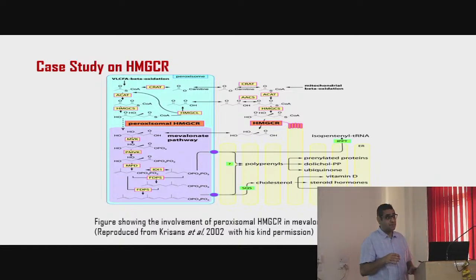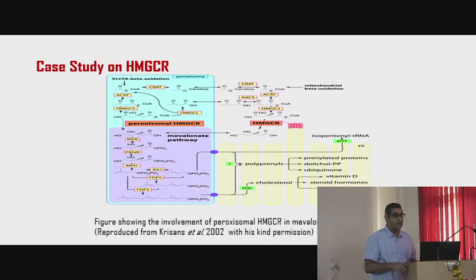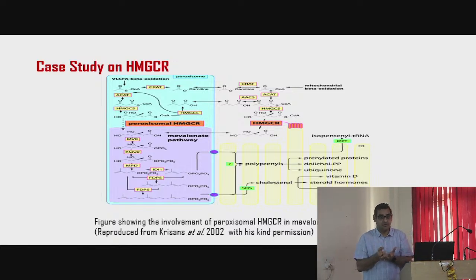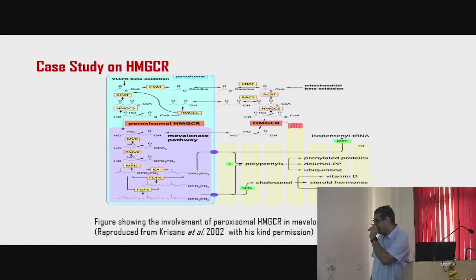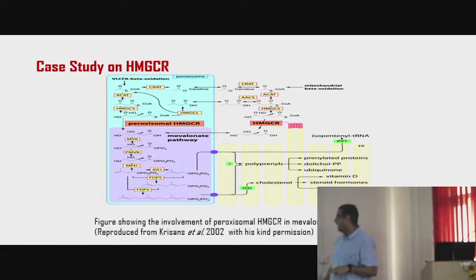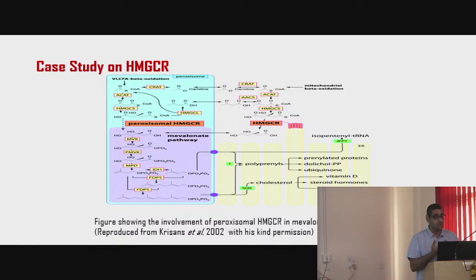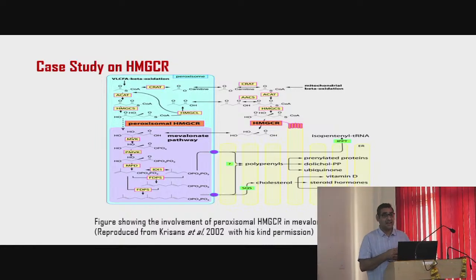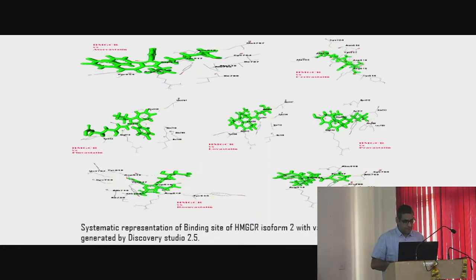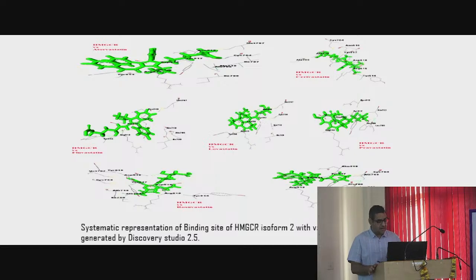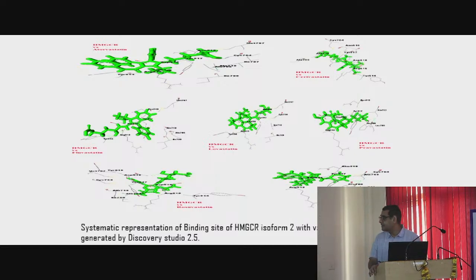But the mechanism of action, how statin therapy is happening and how a better statin can be proposed based on the understanding, we started working on this, and it is all in silico work, okay. If you see, this is HMG-CR, and how this enzyme is active, and why statin therapy should be improved, because people are trying various types of statins every day. We did the binding of HMG-CR isoform 2 with various statins through Discovery Studio.